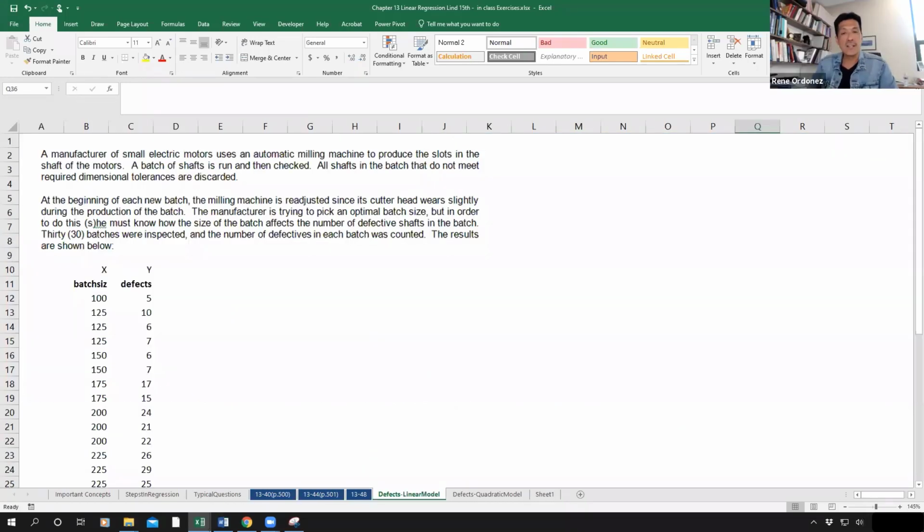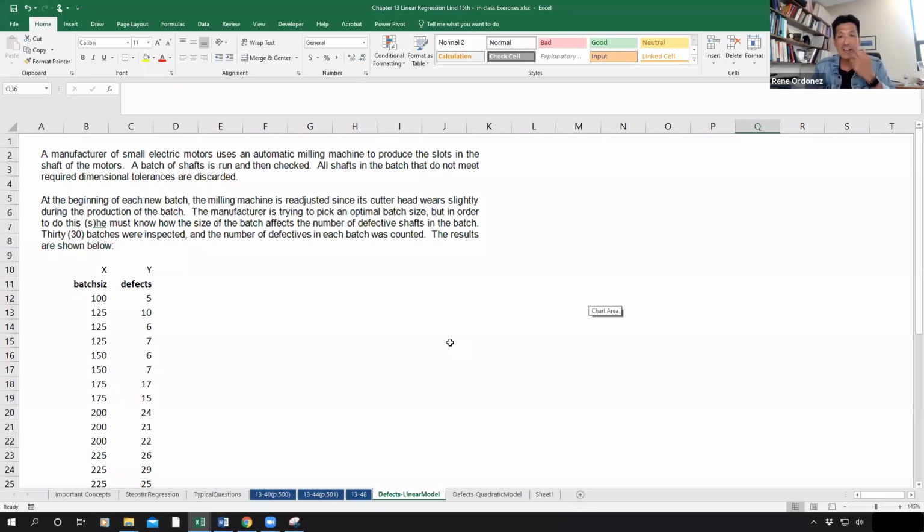Okay, so in working this problem, I'm going to use Excel's data analysis module just because I want to generate the residual plots right away, so we can determine right away if the chosen linear model is appropriate or not. So here we have a manufacturer of small electric motors that uses an automatic milling machine to produce the slots in the shafts of the motors.